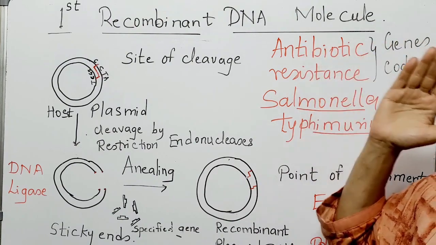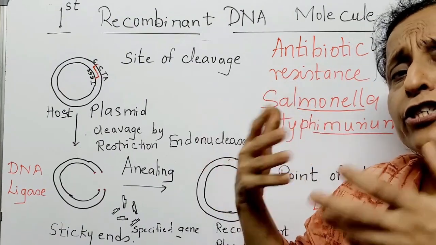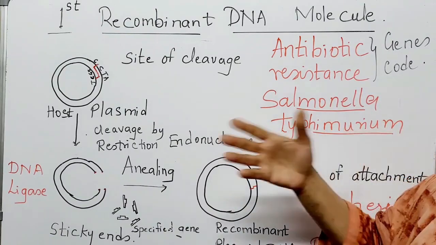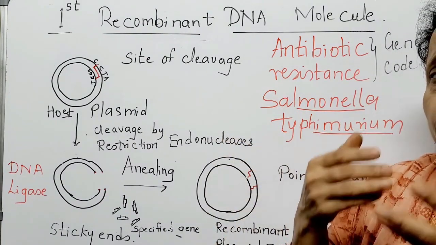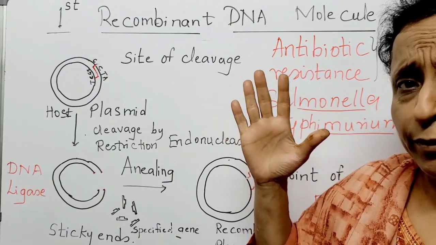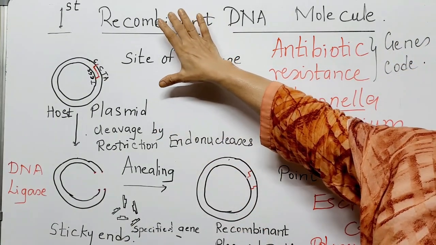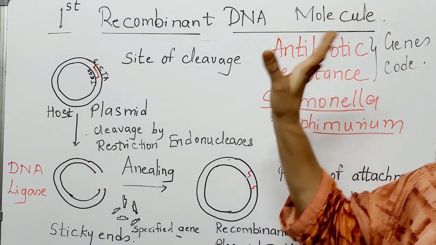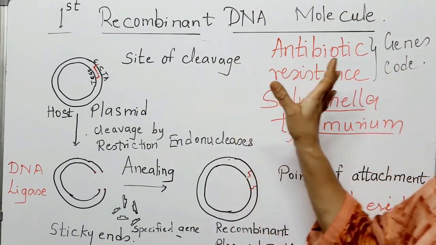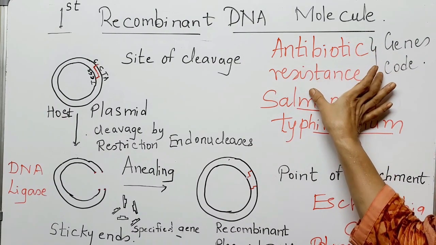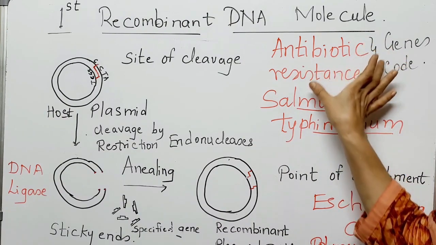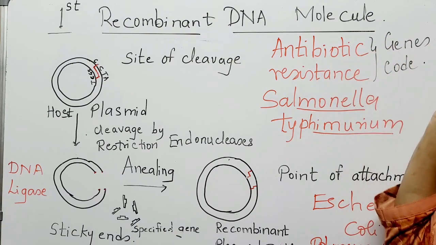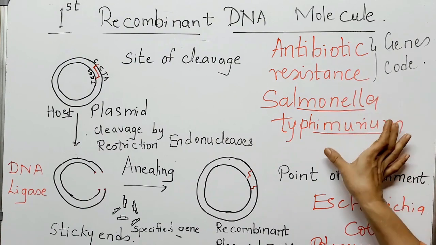Now this was the initial stage of discovery, but it can be done with any type of gene, like growth hormone, insulin, and many more. So first was forming a recombinant DNA molecule. Here the scientists Herbert and Stanley did it with the antibiotic resistant gene, encoding the antibiotic resistant biomolecule, that was in Salmonella typhi.